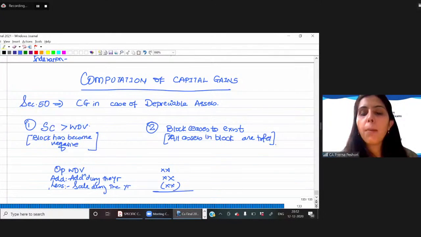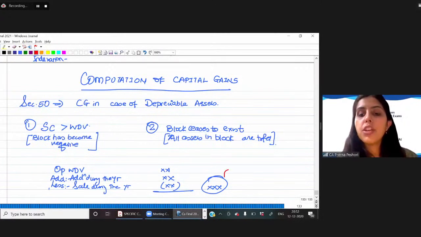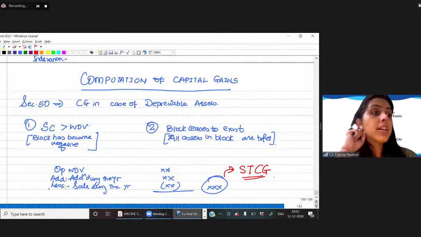Only when your block becomes negative, there will be capital gain. In this case, on depreciable asset, the gain will be always short-term capital gain.